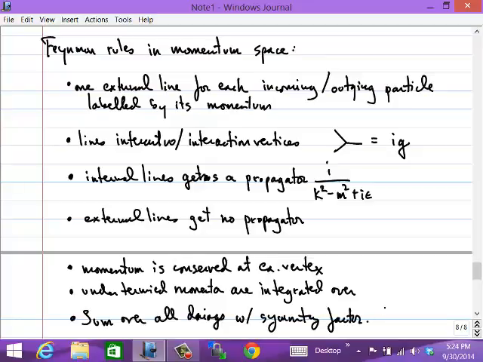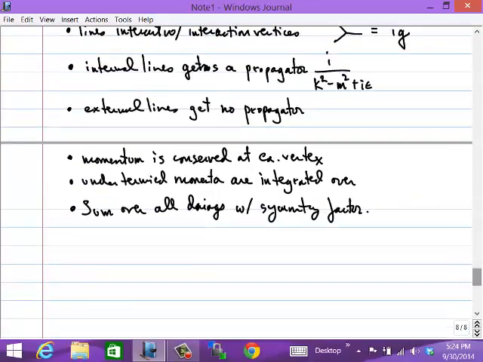So, for example, if you want to calculate the one-to-one scattering, where a particle of momentum p goes to a particle of momentum q, well, you get the trivial thing, which just gives you the 1 in the S matrix.